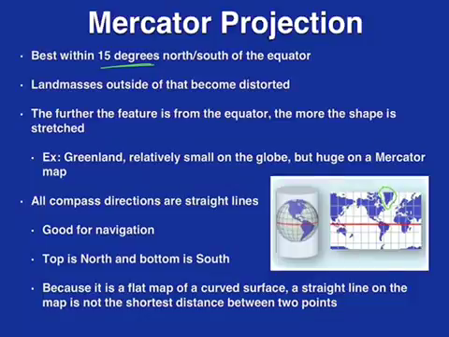All compass directions are straight lines, so that makes for good navigation. Again, top is north and the bottom is south. And because it is a flat map of a curved surface, the straight line on the map is not the shortest distance between two points. This again has to do with that distortion.